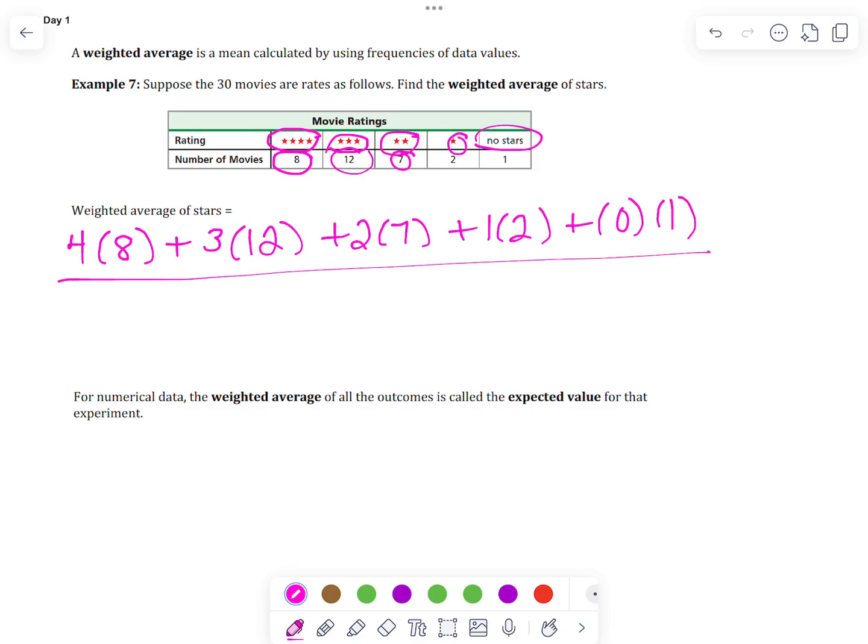And then you divide it by your total. There were 30 movies. And then we would add the data points in the numerator together and get 84 divided by 30 is 2.8. So what we found is the average movie was rated 2.8 stars.